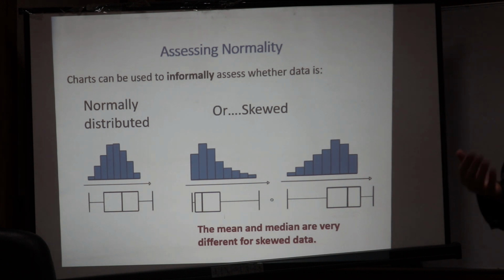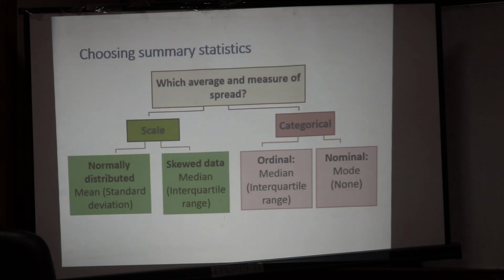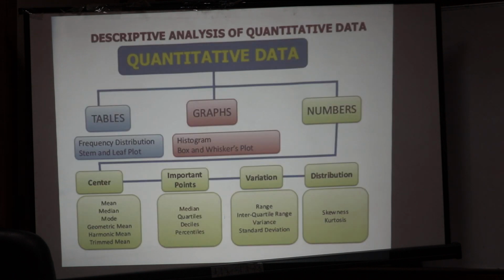Parametric tests such as the t-test, all types of t-test, independent t-test, paired t-test, one sample t-test, ANOVA, or Pearson correlation, those are parametric tests. We have to choose the non-parametric test in case we have skewed data.